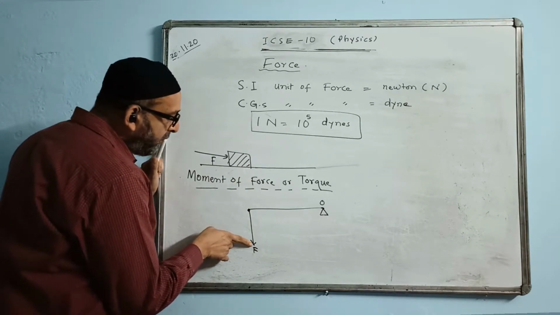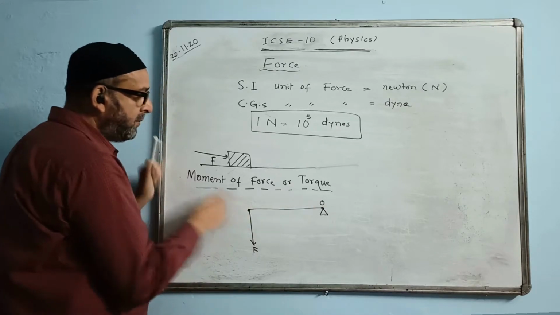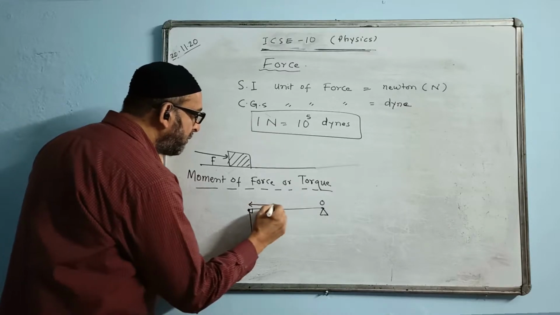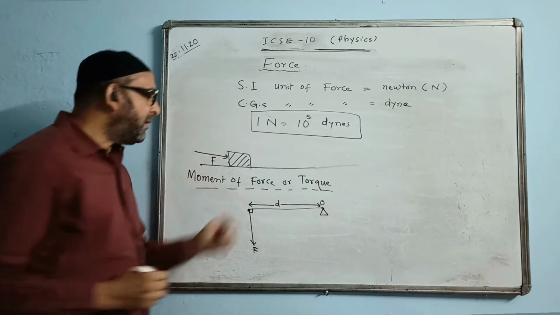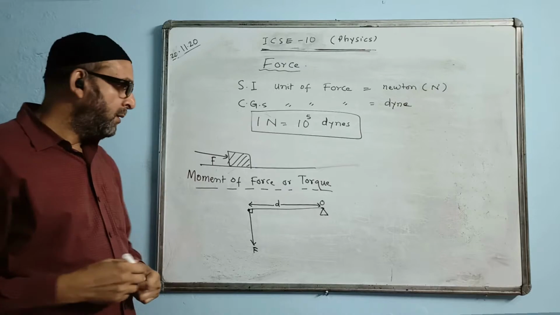Where is the line of action of force? This line of action of force touching is over here. Perpendicular distance we have to take, this distance I write as D. You can write the distance as D, or you can write the distance as small r.